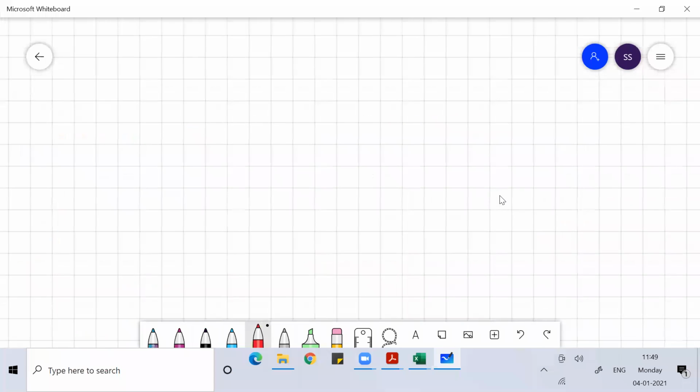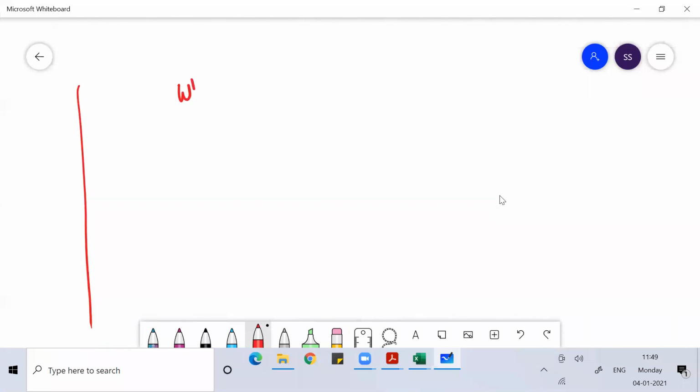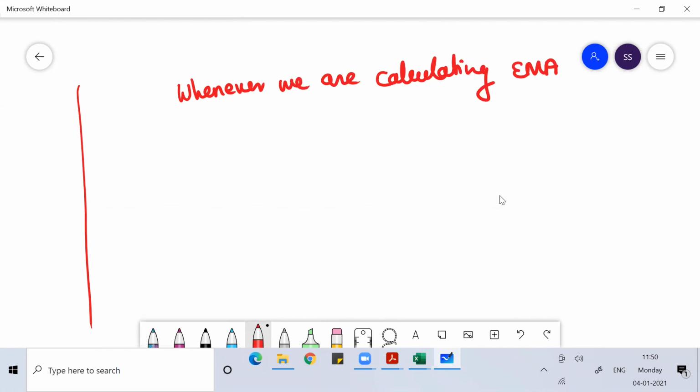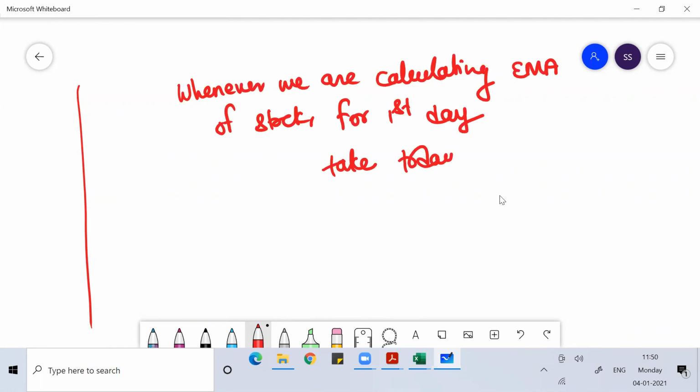So please understand, whenever we are calculating the exponential moving average of a stock, for the first day you cannot do anything, because there's no yesterday moving average data.